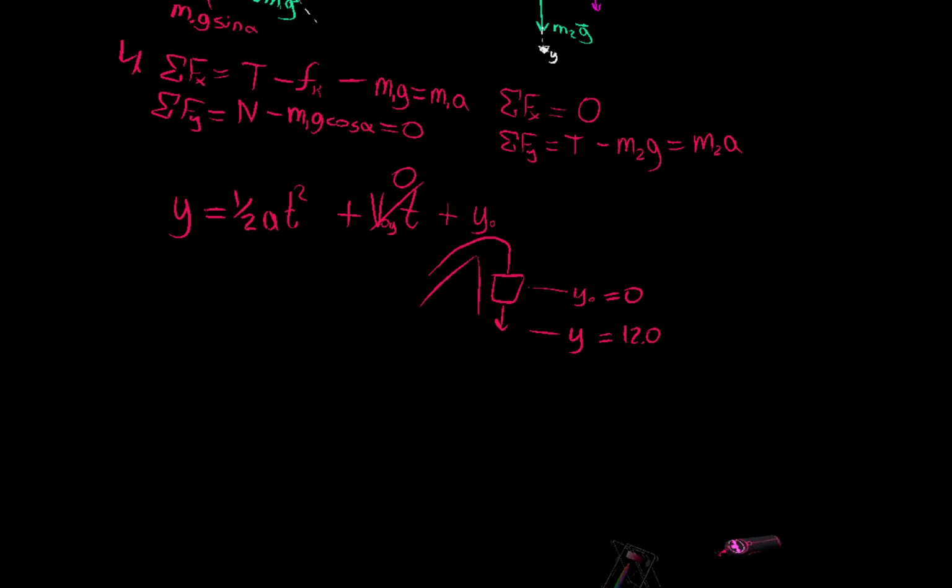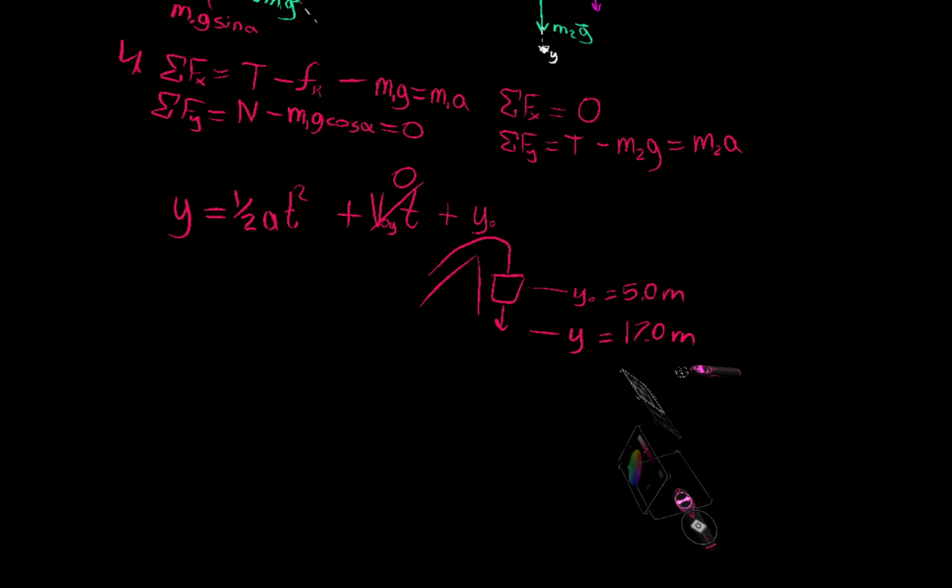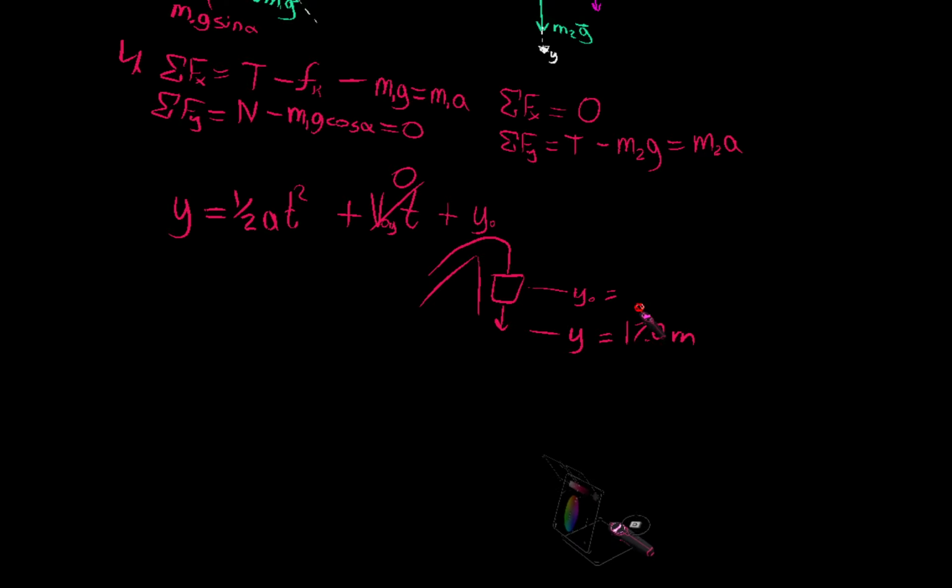Does it seem like we've cheated here by calling y naught 0 so that way we can cancel it out? We're not making up numbers. We could have called y naught for no reason. We could have called it 5 meters. But that would have made y 5 plus 12, so 17 meters. We could have done that. But do you see how it's kind of nice to define y naught 0 when you can?